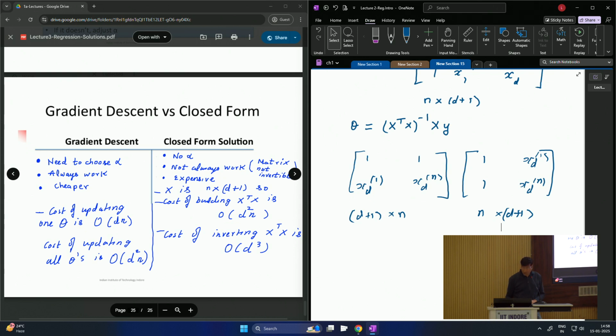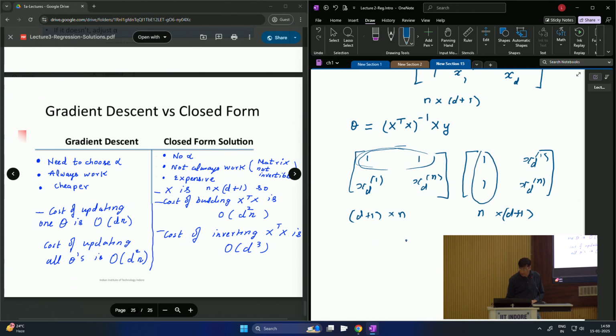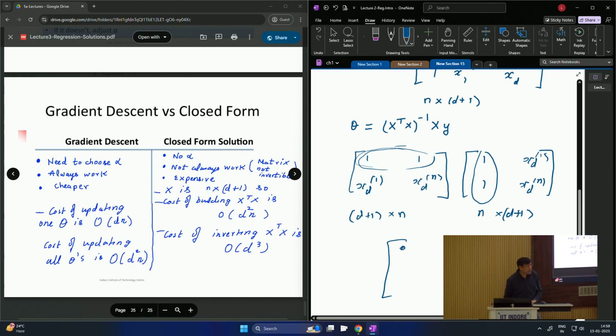and that is how you see how many of those you're doing, and that will tell you what's the complexity of this. So now if I have to find the product of these two matrices, what will I do? I'll multiply this row with this column, and that will give me the first element of this. Correct? How many elements are you multiplying here? How many elements are there in this row?